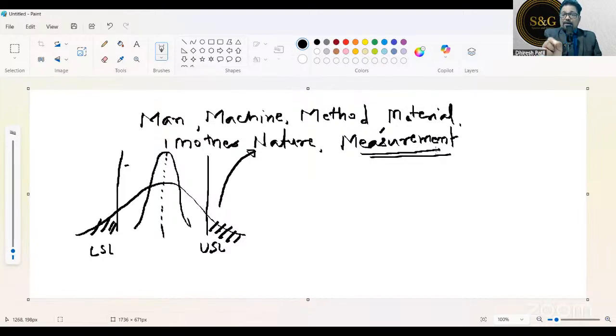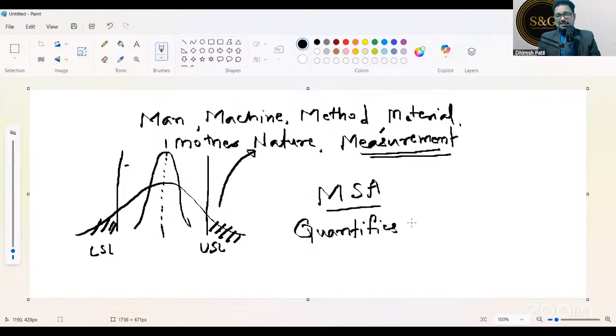Now, how do we quantify the variation coming from the measurement system? That is a question. And that's where there is a science which we study, and MSA comes into the picture. MSA is measurement system analysis.